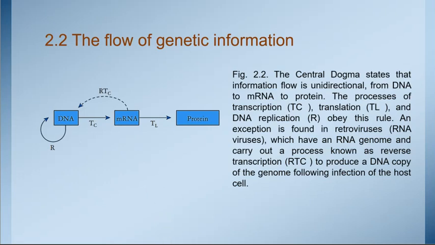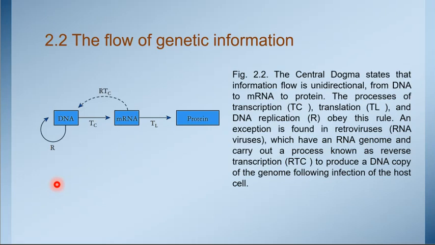Two further aspects of information flow may be added to this basic model to complete the picture. First, duplication of the genetic material prior to cell division represents a DNA to DNA transfer known as DNA replication.